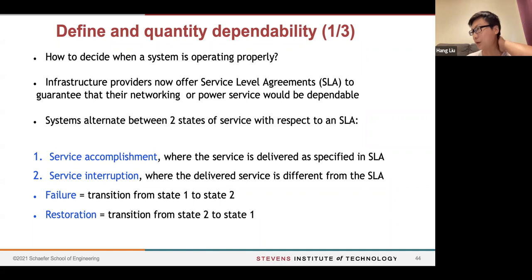That's a revenue loss of billions of dollars because a lot of companies rely on that service. Or imagine your network company being down for half a day, that costs you half a day of work. So we have the service level agreement to guarantee that the network and power service would be dependable.